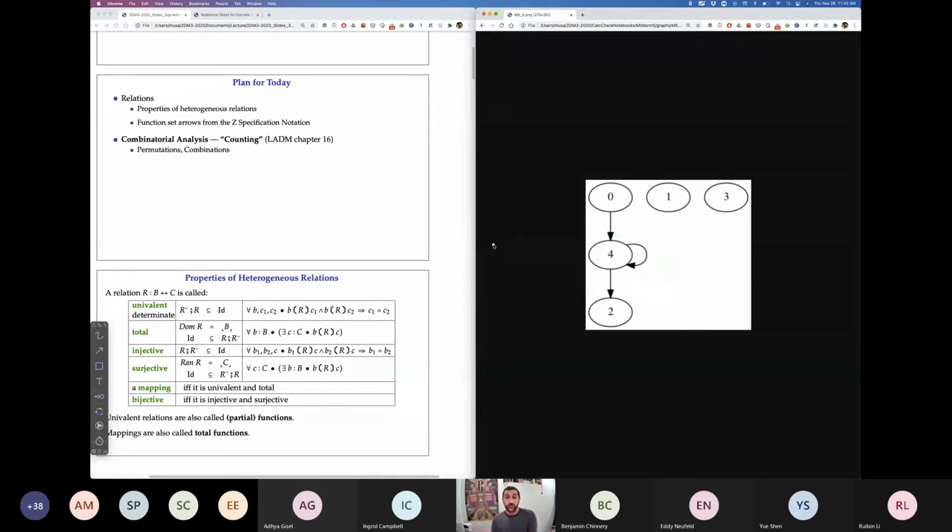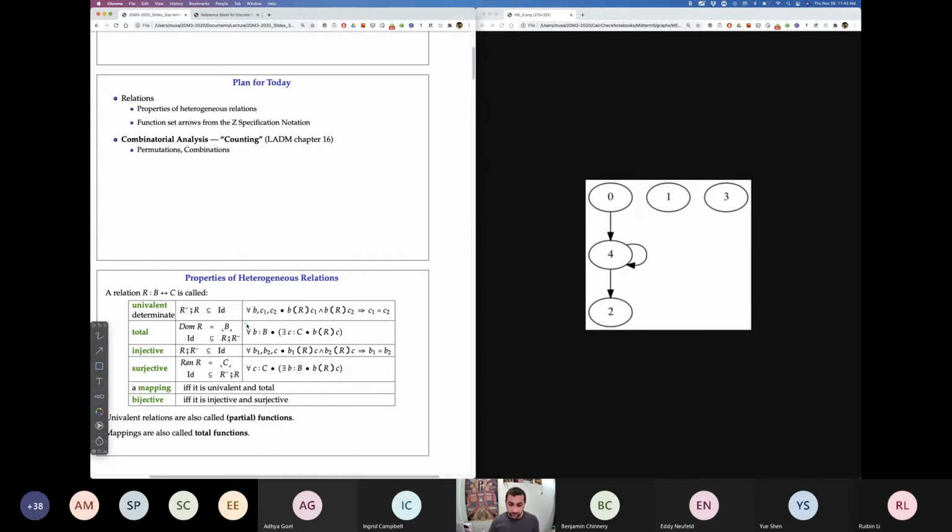So is this a reflexive graph? A reflexive graph means there's a self loop on every node, that is, everything is related to itself. Is this graph reflexive? Excellent. No, because 1 doesn't go to itself. 1 doesn't go anywhere. 1 is forever alone, super isolated. So is this a total graph?